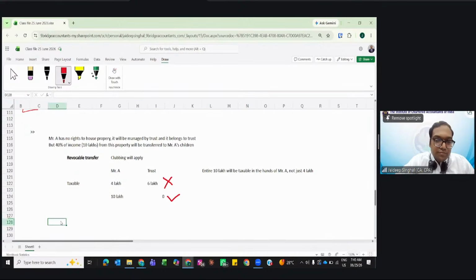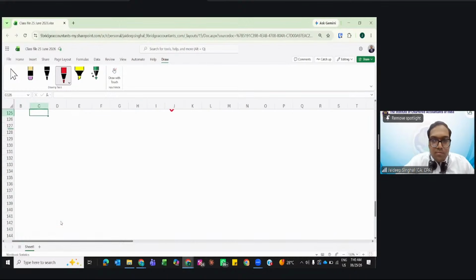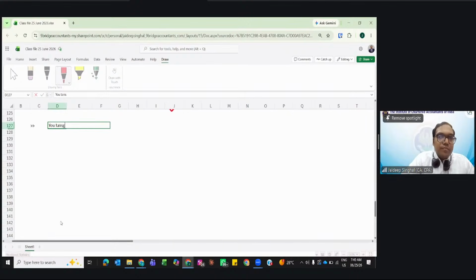Next, you transfer a property which is irrevocable till the death of a person, and after that it will be transferred back.